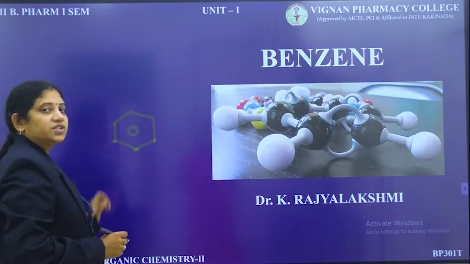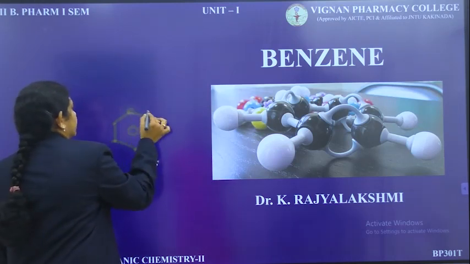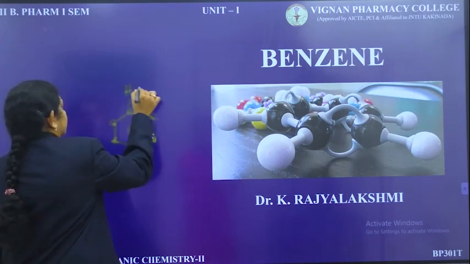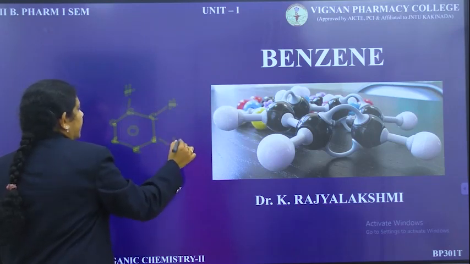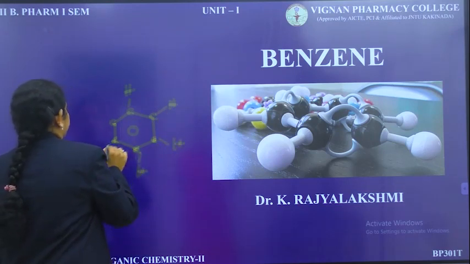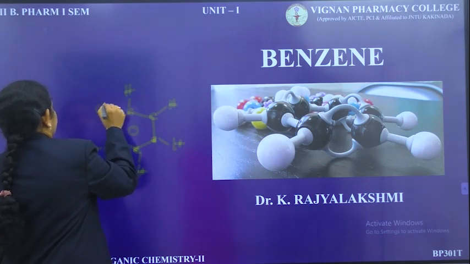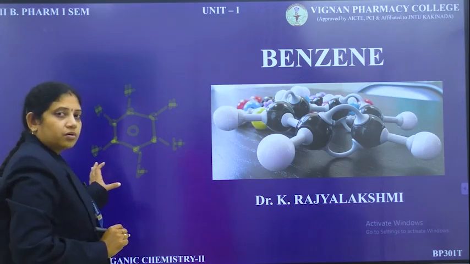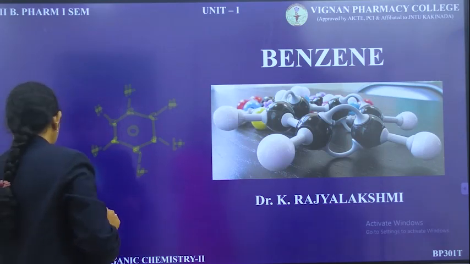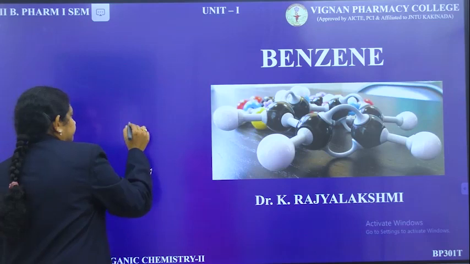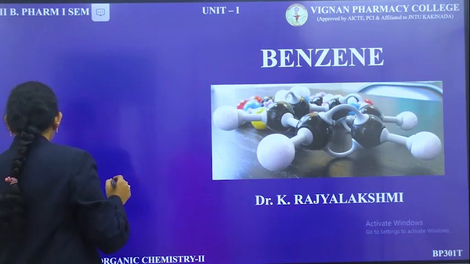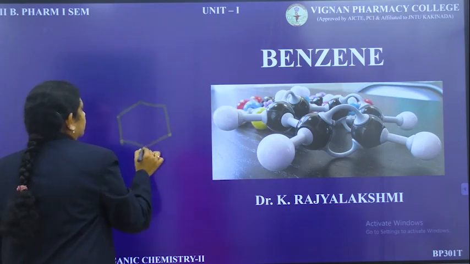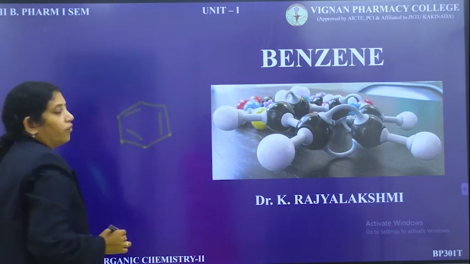Why? Because it is composed of a total of 6 carbon atoms, which are further bonded with 6 hydrogen atoms, and it also consists of 3 double bonds that are present alternate to one another.